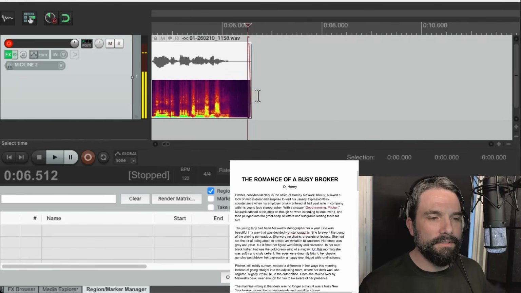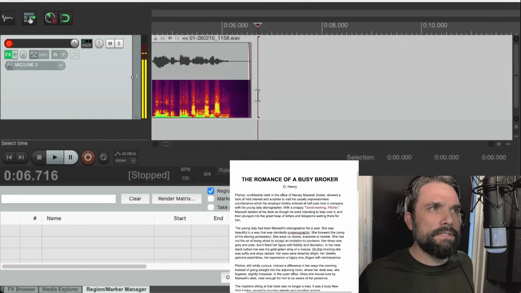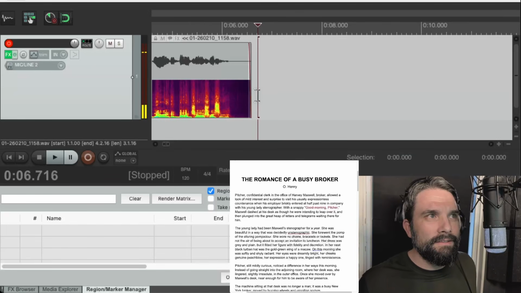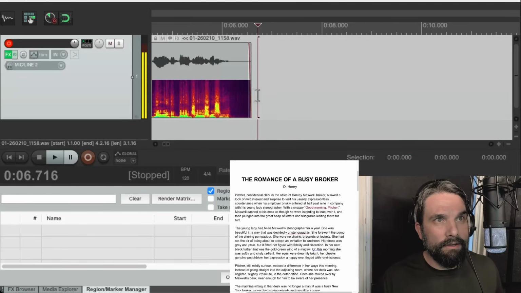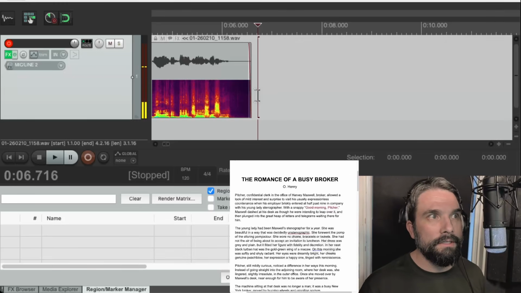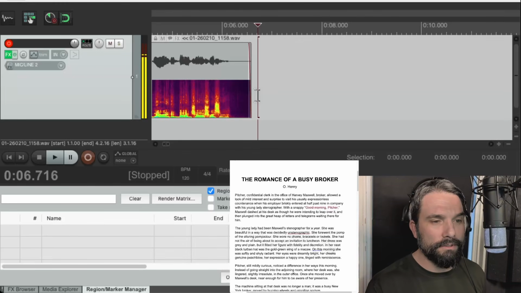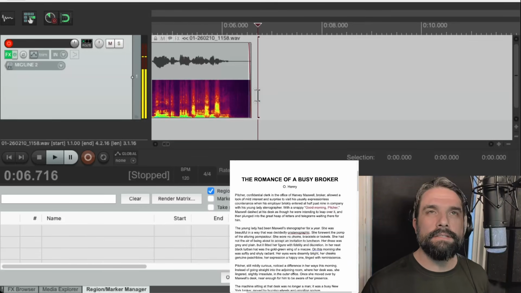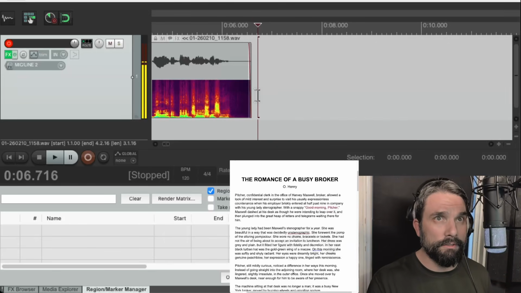This script, or story, has kind of a tough start. Because we've got Pitcher, confidential clerk in the office of Harvey Maxwell, broker. You've got a parenthetical right after one word, and then a parenthetical of the parenthetical, which is not really, I guess, a parenthetical. It's a title of Harvey Maxwell. So it's Harvey Maxwell, broker.